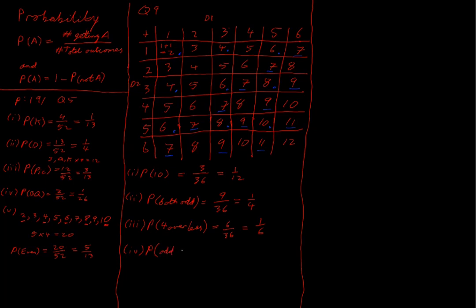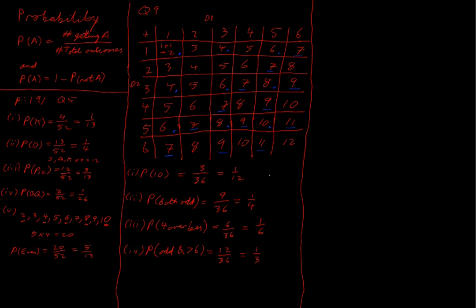Again, tell yourself the story of what you're doing so you can keep track of these. That's 12 possible outcomes out of a total of 36, and that simplifies down to a third.